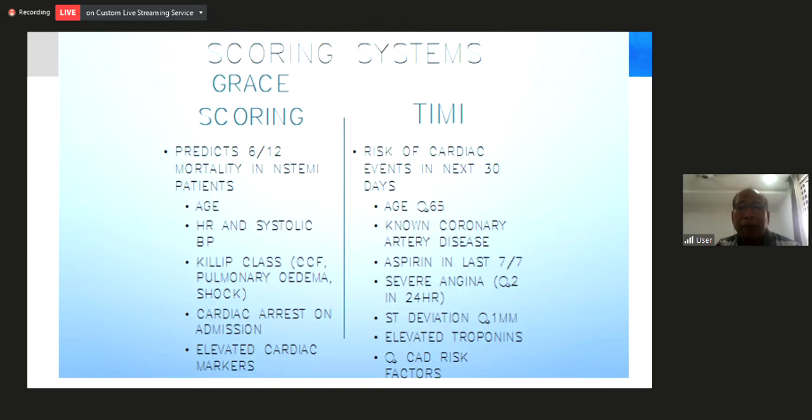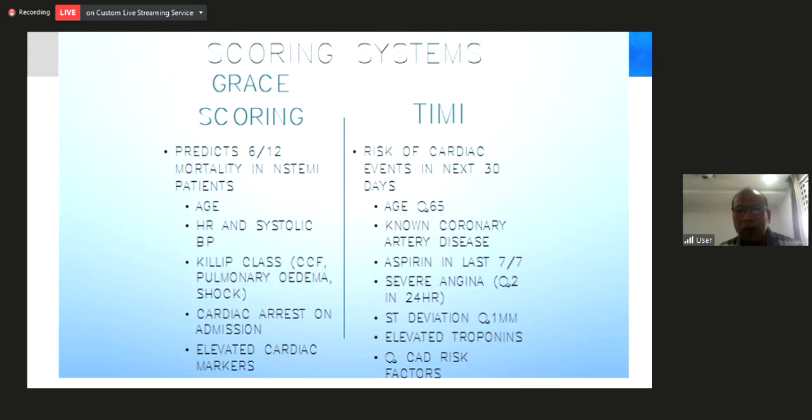So again, sometimes when you have a case of unstable angina or non-STEMI, you have to score. Why? Because unstable angina is classified into 3 groups: high risk group, moderate risk group, and low risk group.